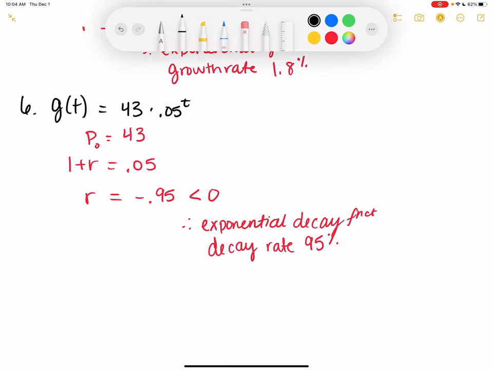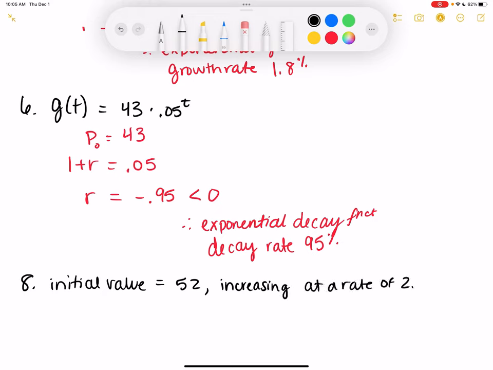All right, determine the exponential function that satisfies the given conditions. So number 8, it says that the initial value is equal to 52, and it is increasing at a rate of 2.3% per day.